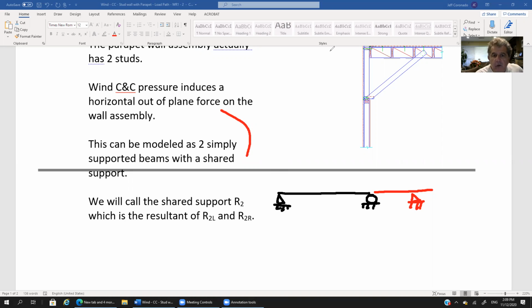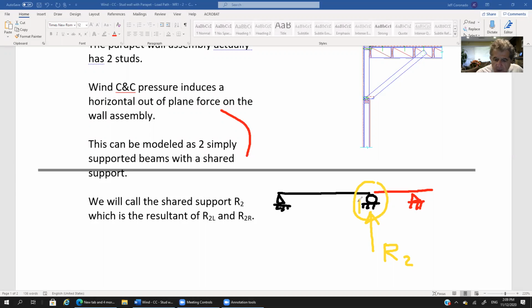So there's our shared support. We'll call the shared support R2. We'll call this R2, which is the resultant of R2 from the left.